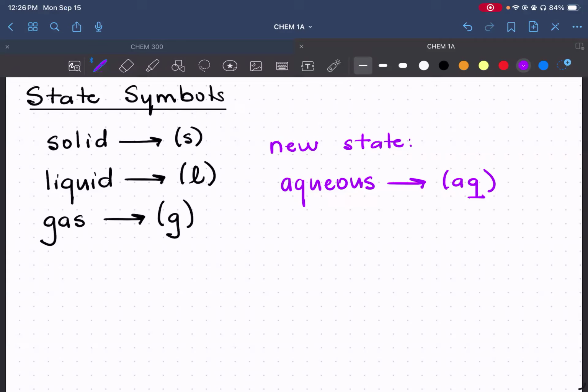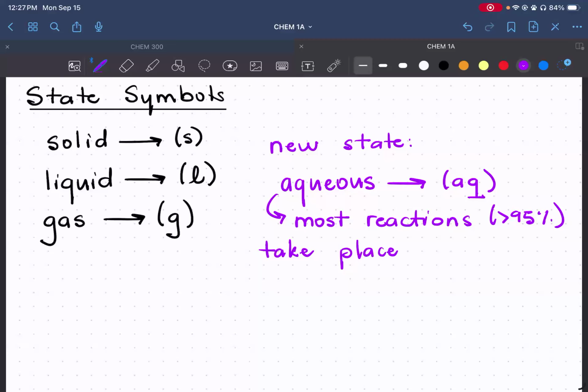Now, to understand what aqueous means, we have to recognize that most reactions, and when I say most, I'm talking over 90%. So let's go even further. Over 95% of reactions take place in water. What exactly does that mean?